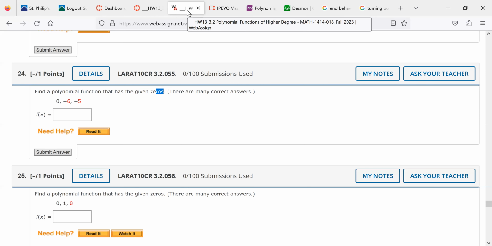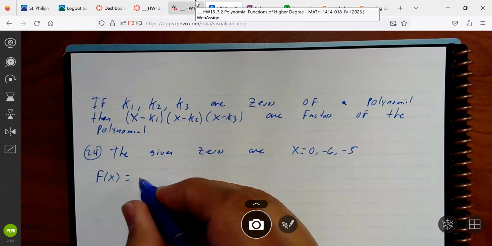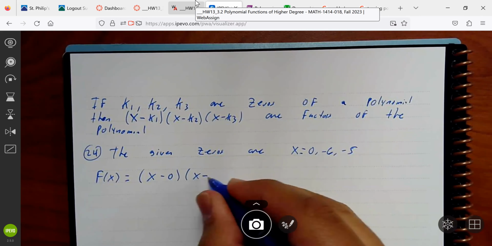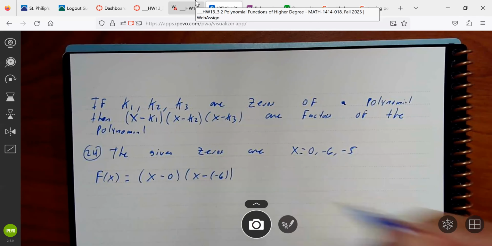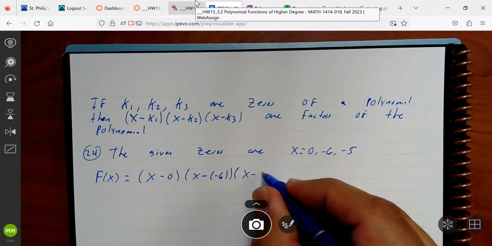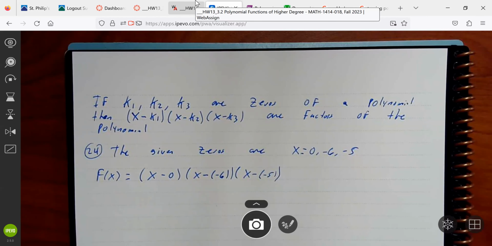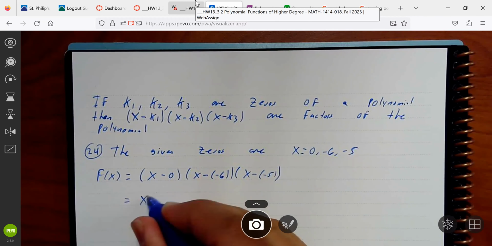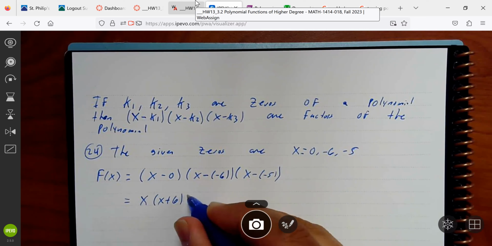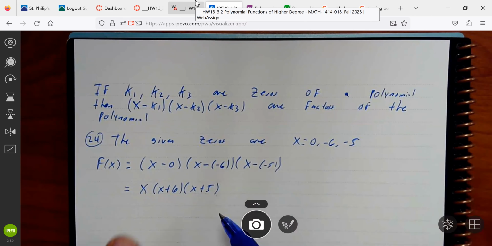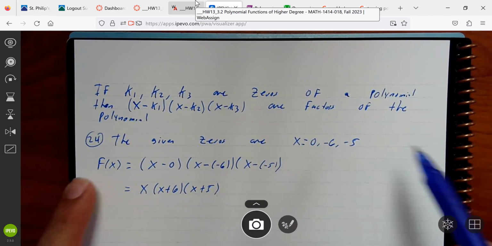So f of x is equal to x minus 0 times x minus -6 times x minus -5. Since those are all the zeros of the function, I can write it as factors, which gives me x times x plus 6, x plus 5. So that is your one possibility.